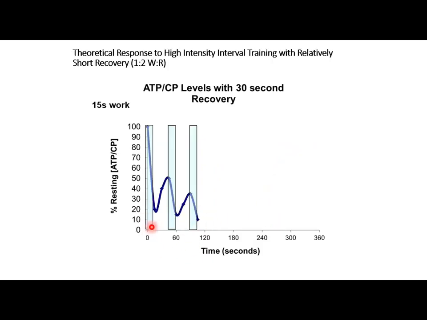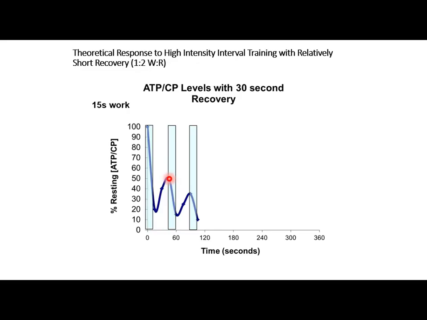I would venture a guess that sprint number 1 probably has equal performance between the 1:2 work to rest ratio and the 1:6 work to rest ratio. But by sprint number 2, note here that in the 1:2 work rest ratio, creatine phosphate has only recovered about 50% of its resting value.